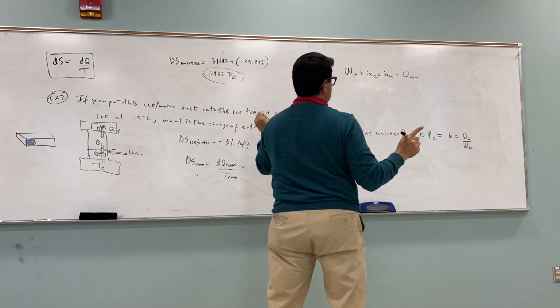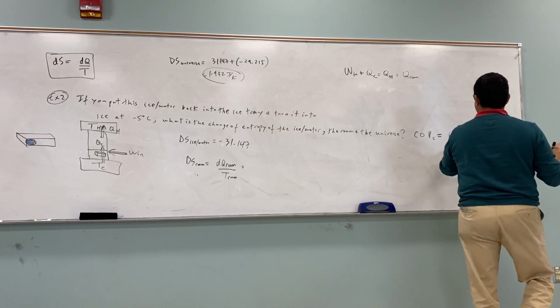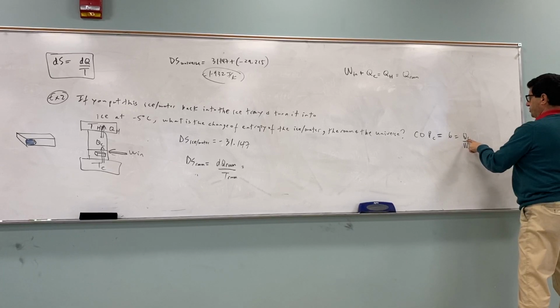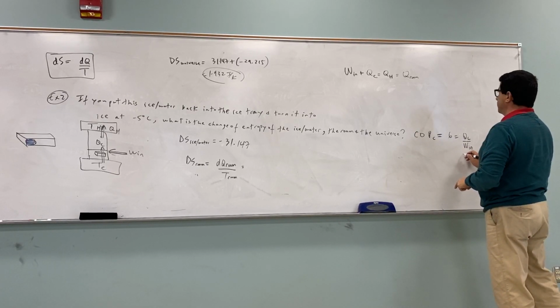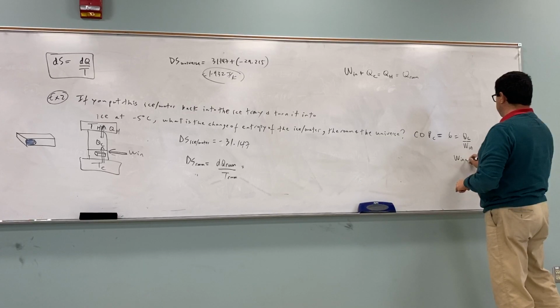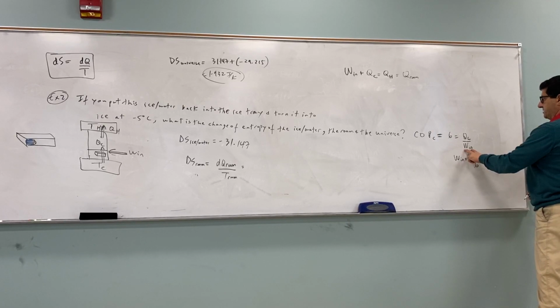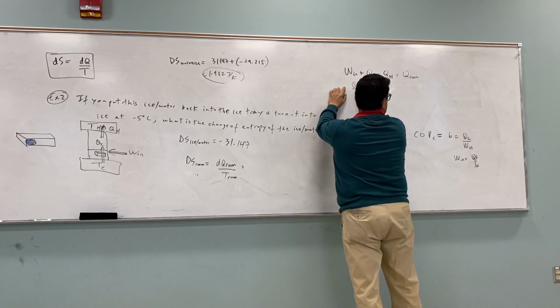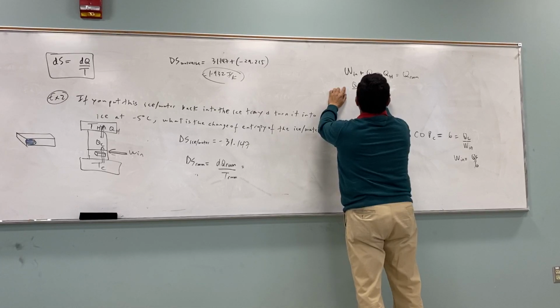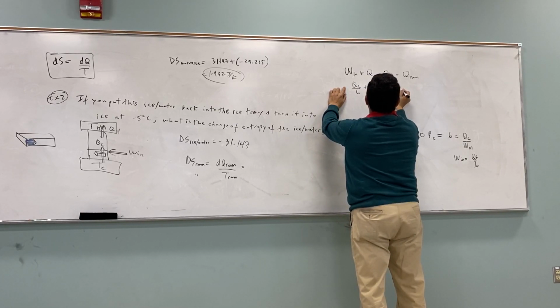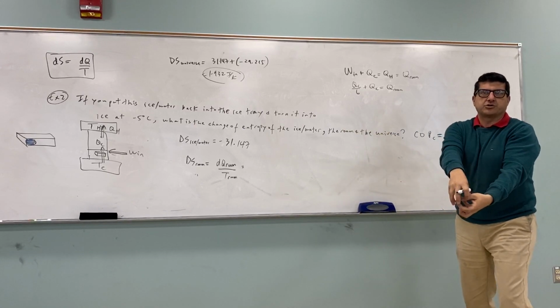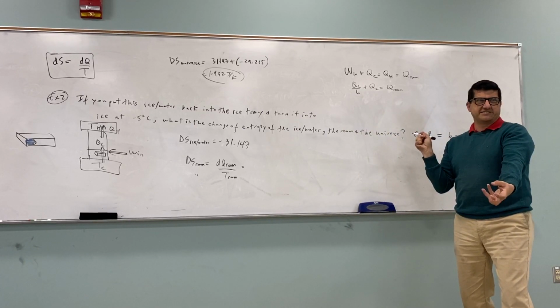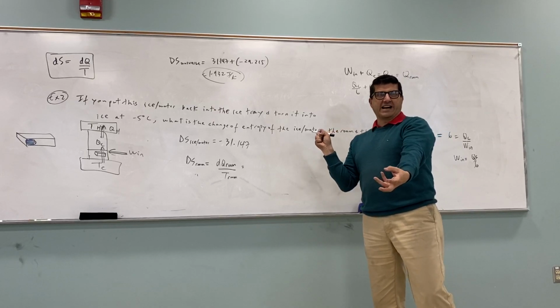Now from here we have work in is equal to QC over 6. Substitute that into here. QC over 6 plus QC is equal to Q room. And what does QC mean? It's the amount of heat that you're extracting from the ice to freeze it back down.